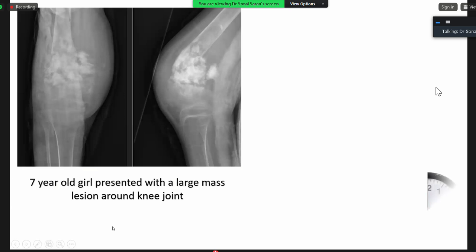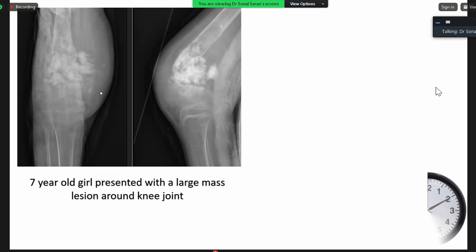Next case, a 7-year-old girl presented with a large mass lesion around the knee joint. What do you see? So there is involvement of the distal femur. You can see cloud-like calcified matrix.